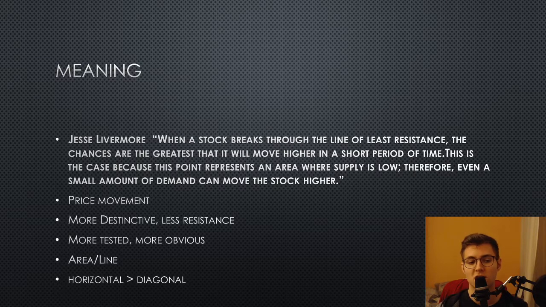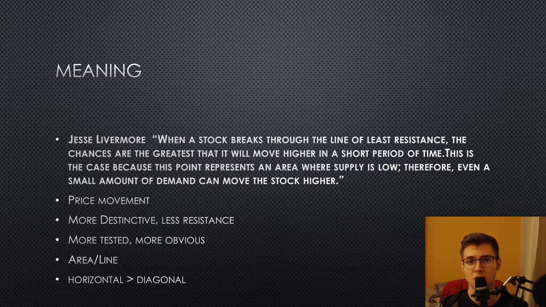And also, the more tested a certain level is by the price, the more obvious it is for people, for traders, to know the level and have stop buys and stop losses around this area. So, as mentioned, there will be low supply, so only small demand can move the price through that level.